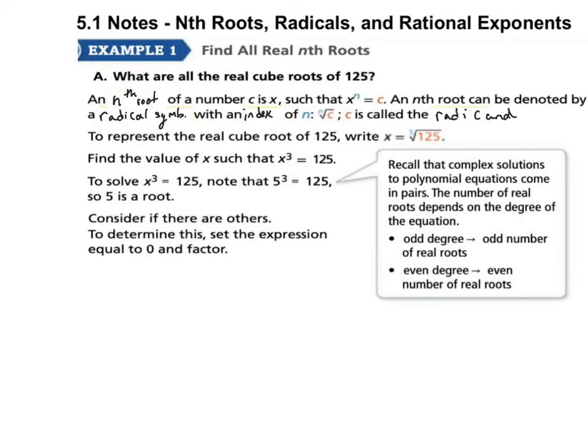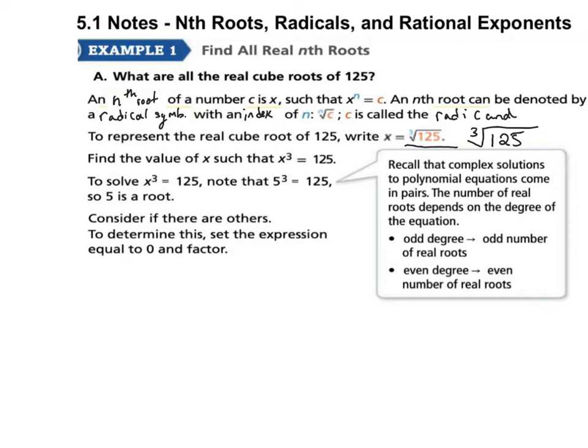Now, it says to represent the real cube root of, say, 125. We're going to write x is equal to the 3, because it's the cube root, then the radical, and then the radicand, or the thing we're trying to find the root of, 125.